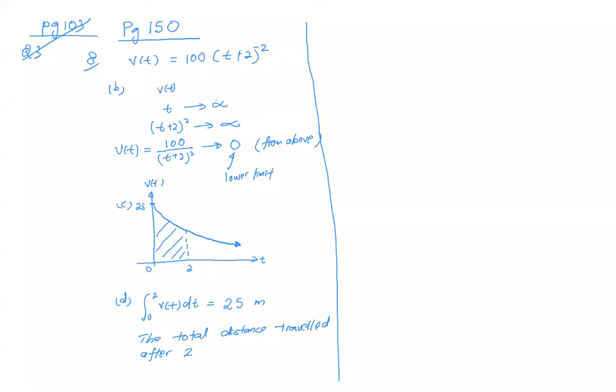Okay, so 2 seconds after the engine is turned off is 25 meters. Or you can say the boat has traveled 25 meters 2 seconds after the engine is turned off. Right?